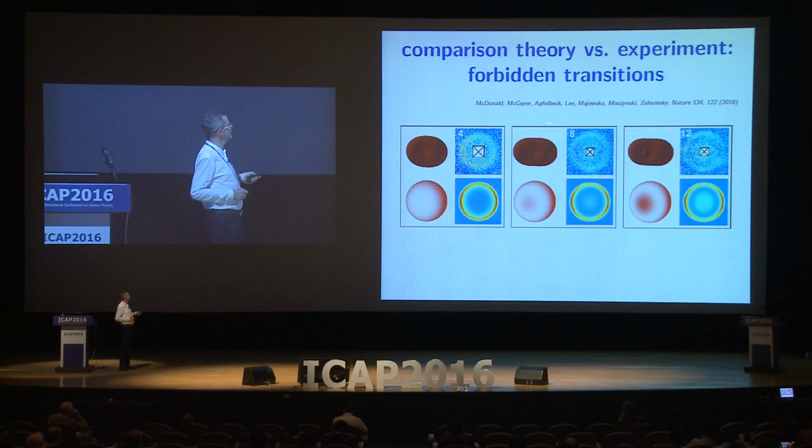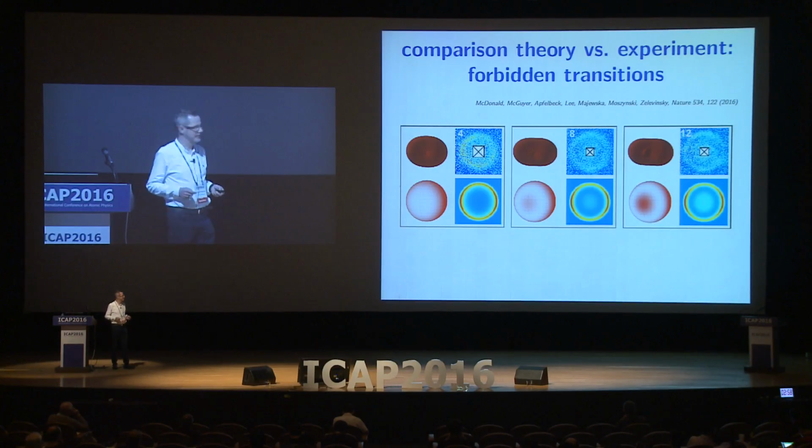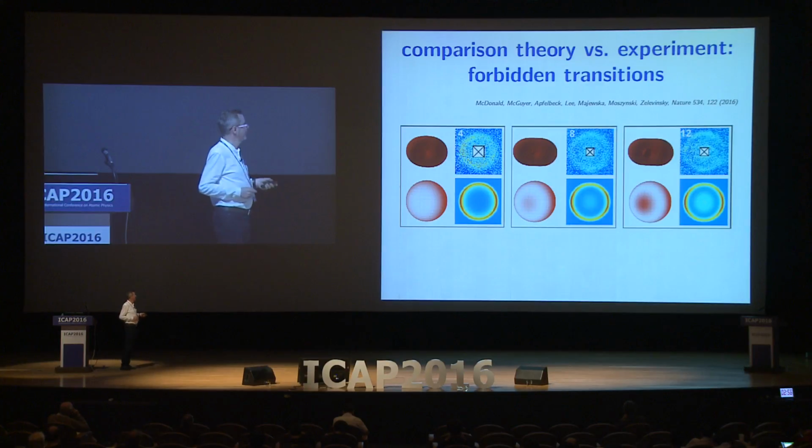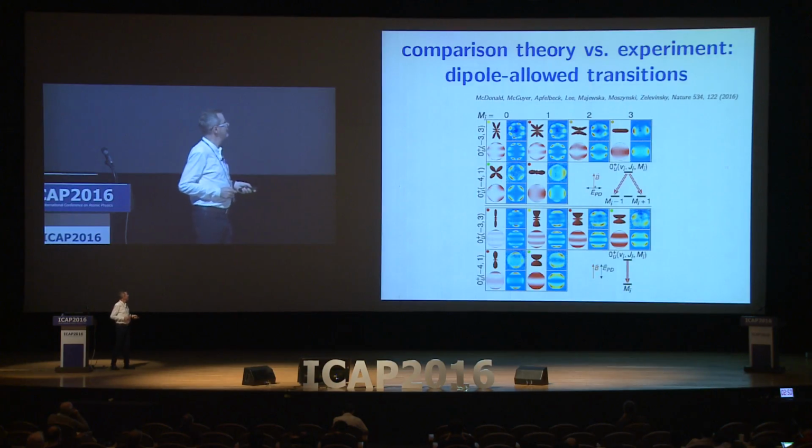So they observed forbidden photofragmentation via the M1 and E2 mechanism. And you see that agreement between theory and experiment is perfect. Then, of course, they also observed the dipole allowed transitions. And you see that the agreement between the semi-classical and quantum mechanical model is quite erratic.